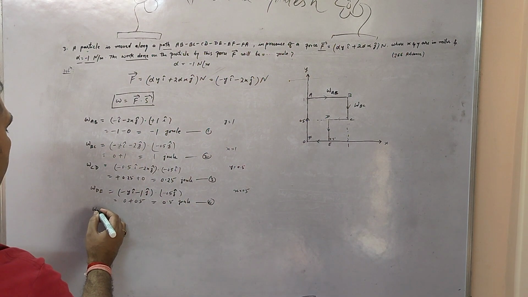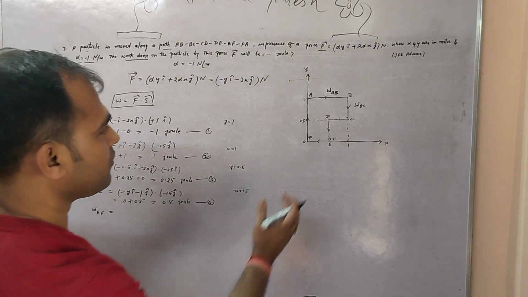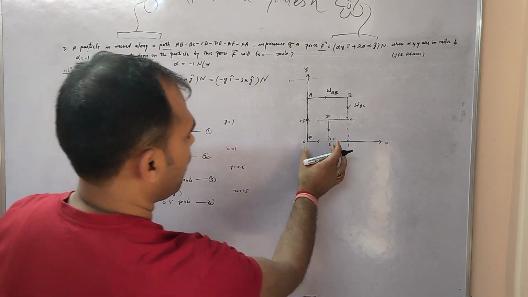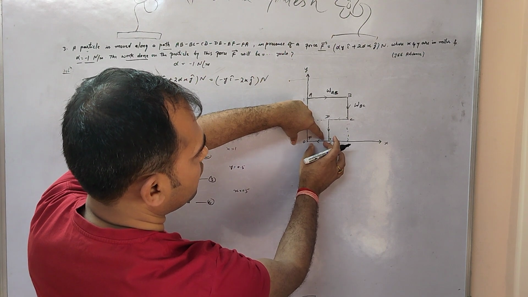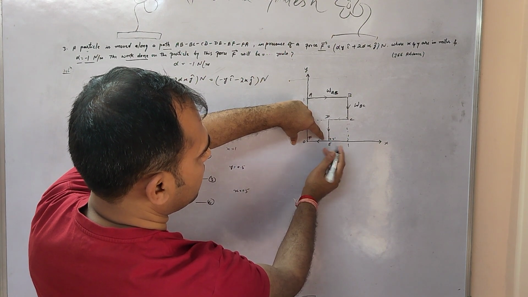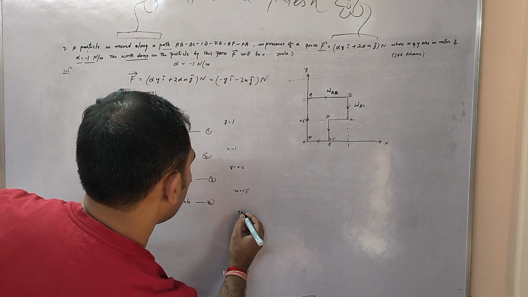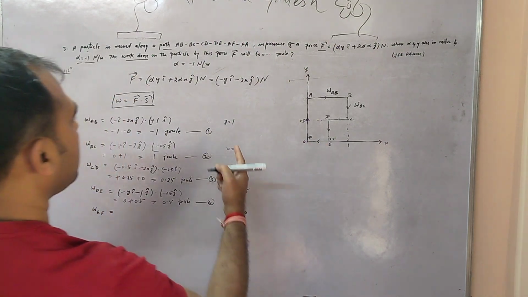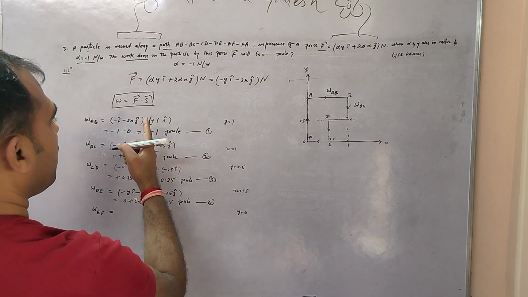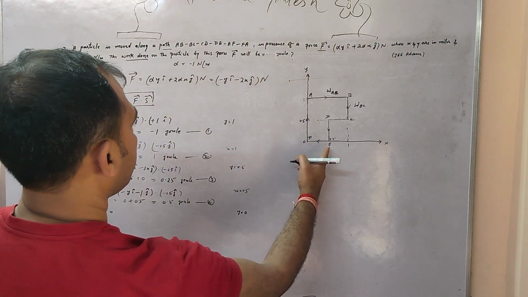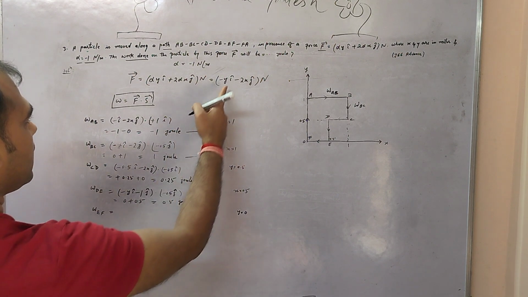Now let us find the value of work done from E to F, W EF. What is constant here? The value of y is constant, and that is 0. You can see on the x-axis y will be 0 from E to F. So y will be equal to 0 for E to F. Let us put the value of y is equal to 0 here. So the force for E to F will be, this will become 0.